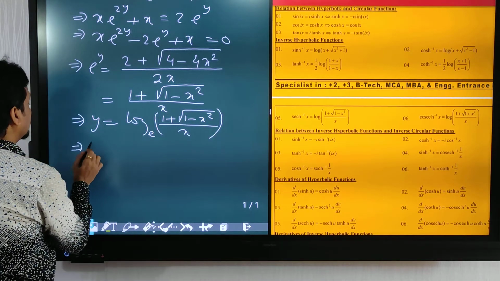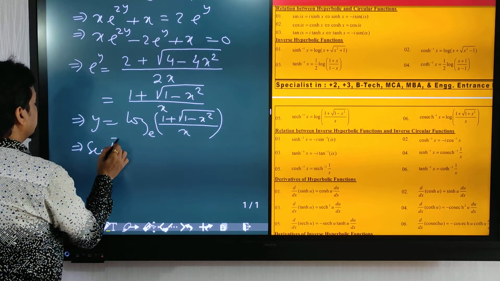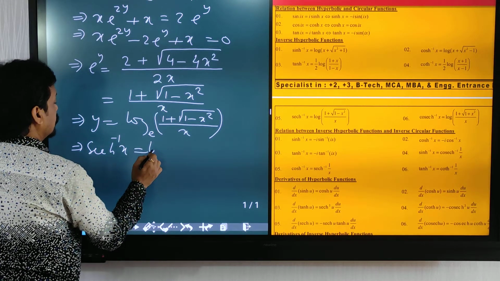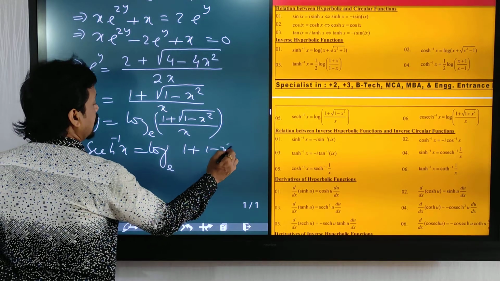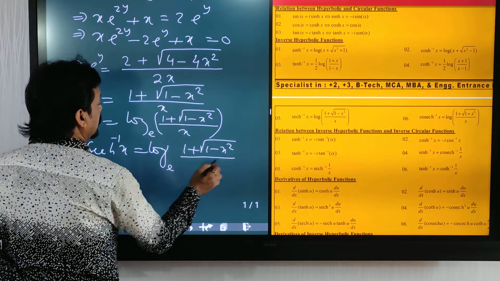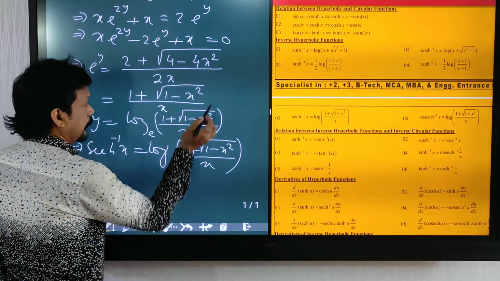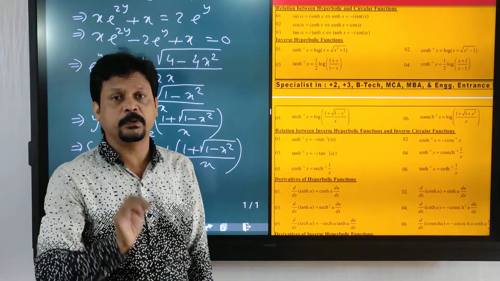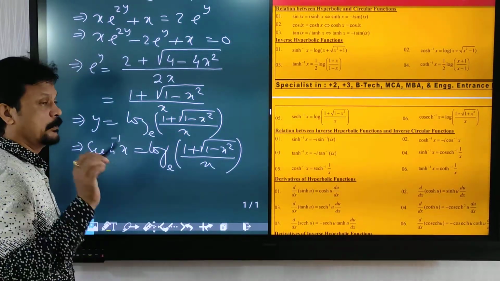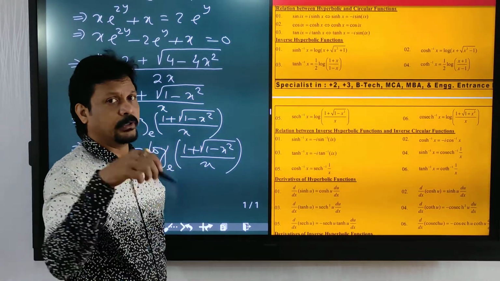And what is y? I have taken sech inverse x, so sech inverse x is equal to log base e of (1 plus root of 1 minus x square) divided by x. And I have left cosech inverse x for you, and you have to do that one. If there is any doubt, please tell me. I will do it in the next class.